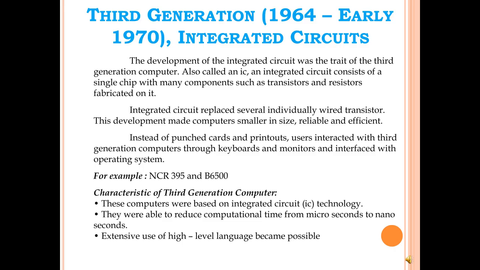As keyboards and monitors got introduced during the third generation, computers also got an interface with the operating system. For example, NCR 395 and B6500 were a few machines introduced during that time.